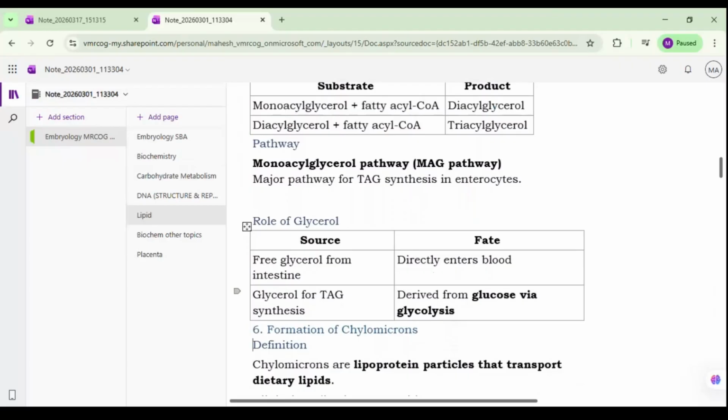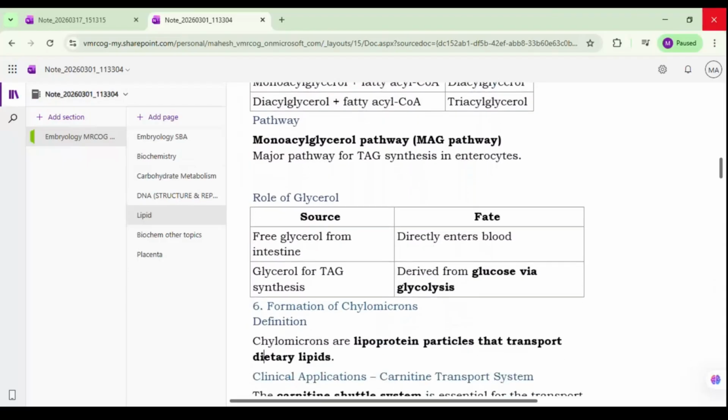Okay, so in the enterocyte you require some glycerol, but that glycerol is not taken from the glycerol which is absorbed. The one which is absorbed will directly enter into the blood, but this glycerol will be derived from the glucose via glycolysis. So you have carbohydrate utilization here, and from this glycolysis you will get the source of the glycerol.